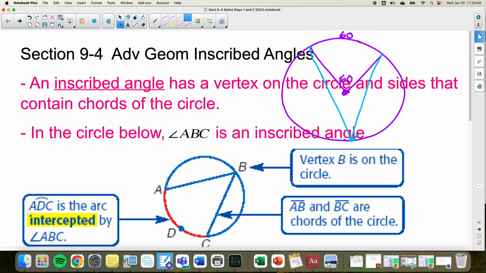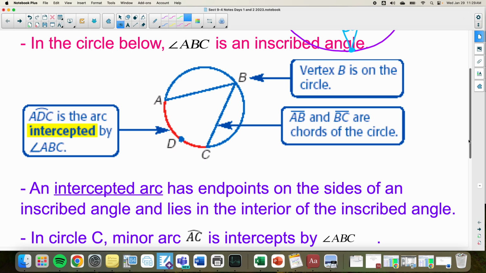So if that's 60, this is 30. Does that make sense? And then sometimes what they'll do, so this is another inscribed angle, and then this arc would be the arc that your inscribed angle intercepts, okay?